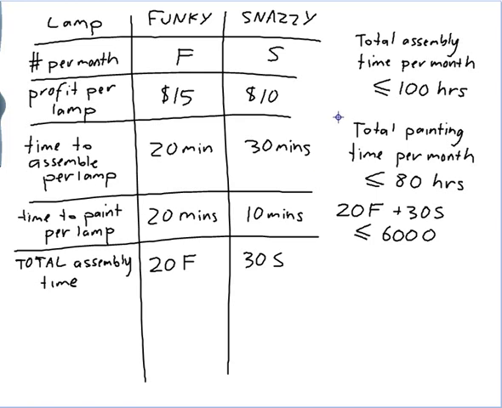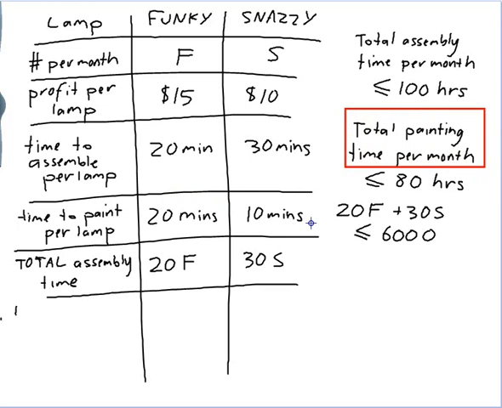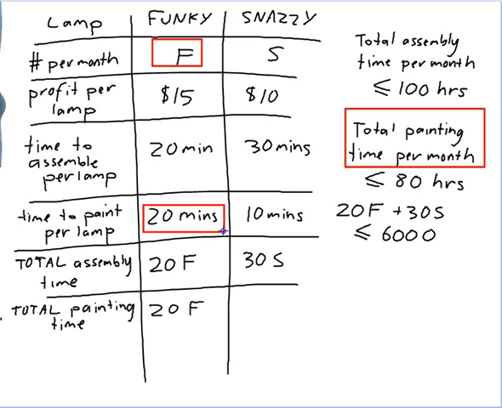This time I want the total painting time per month, and the time to paint per lamp I have here. So if I draw a new row in my table for the total painting time, I have F funky lamps and each of them takes 20 minutes to paint, so that's 20F.